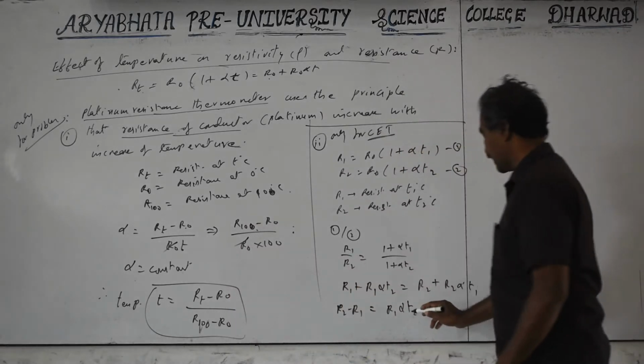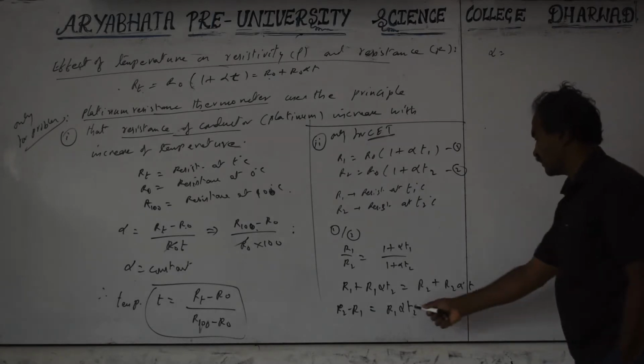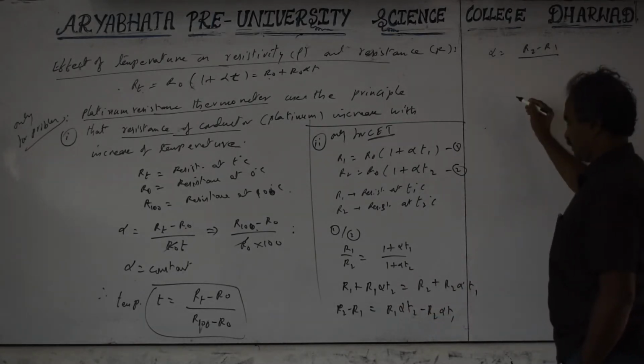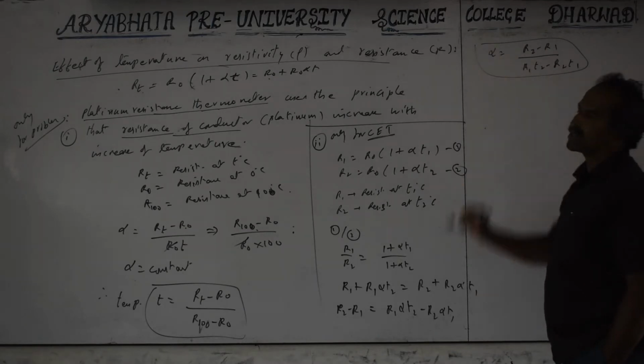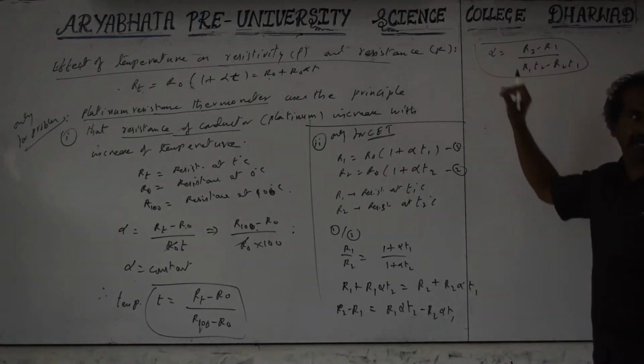From this you can take alpha common out and get the expression for alpha. Alpha equals (R2 minus R1) by (R1 T2 minus R2 T1). This is the only expression they will ask you for competitive exams, with symbols like this. Alpha can be expressed like this.